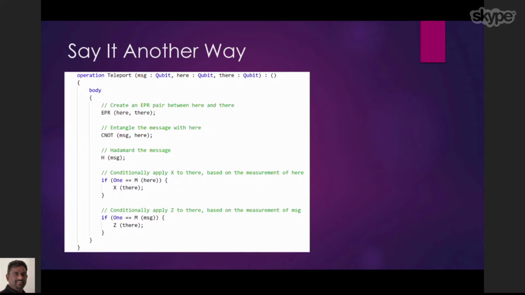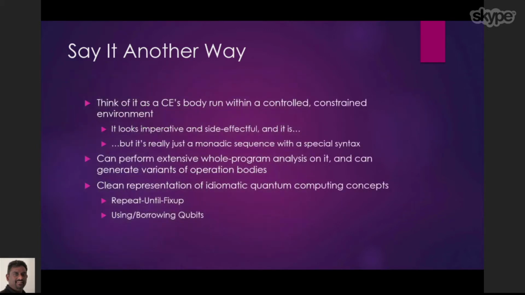And in some sense, this justifies why we have a new language, because we needed to have this clean separation of universes so that the stuff that's running on the quantum context can be expressed idiomatically in terms of just the quantum context. So we are able to give it new syntax constructs like repeat until fixup, which turns out to be a very common pattern to use in quantum computing.